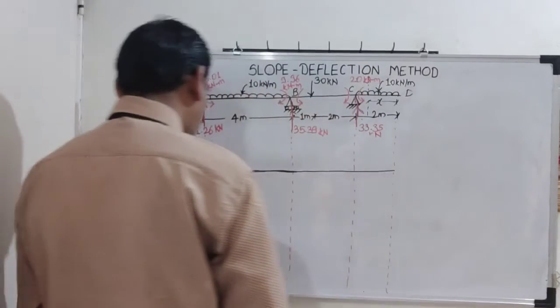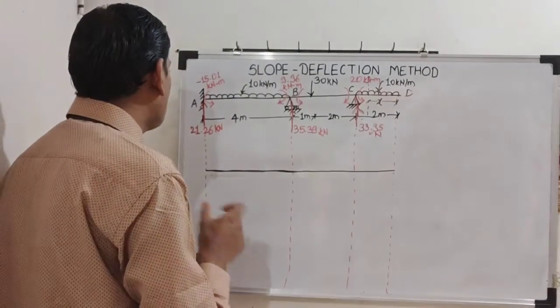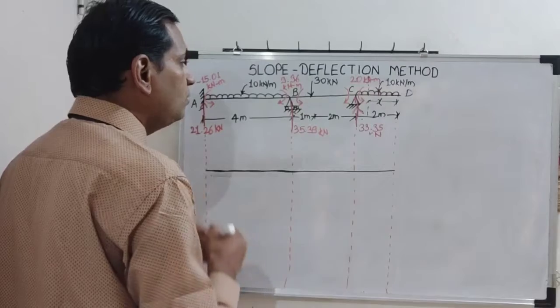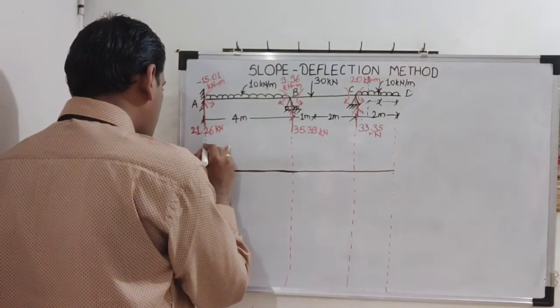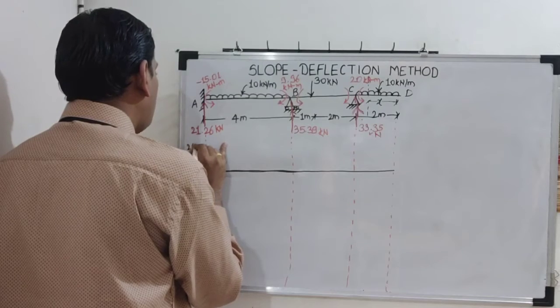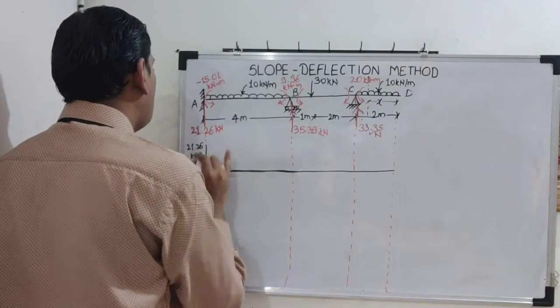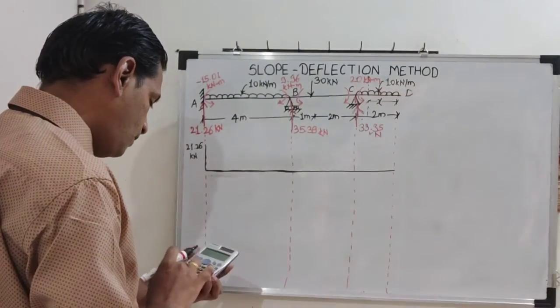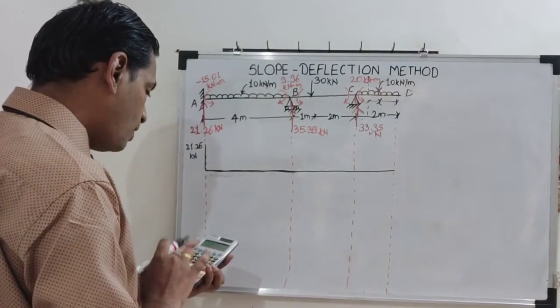Okay, so this is our reference line for SFD. So 21.26 is here. 21.26 kilonewton. From this, now subtract 10 into 4. 21.26 minus 40.